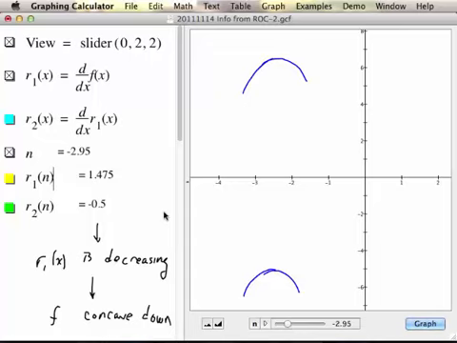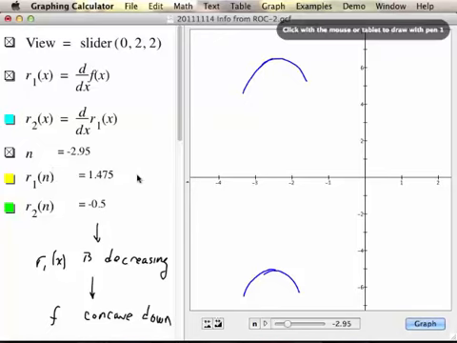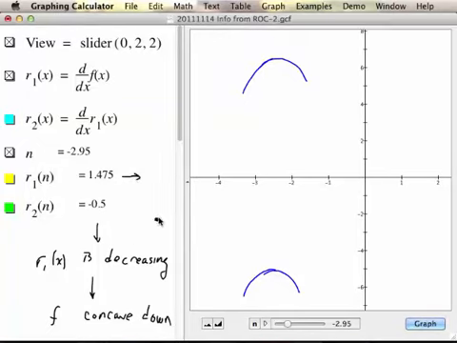F is increasing. The function is increasing. It's increasing.